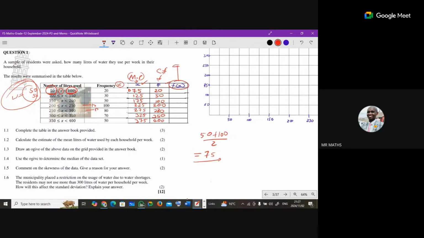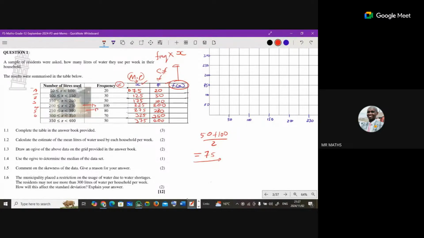Ithi you take your frequency, you multiply it with your midpoint. So for every group or for every class, starting from class 1, go 2, go 3, go 4, go 5, go 6.